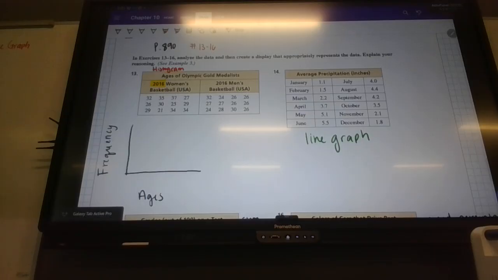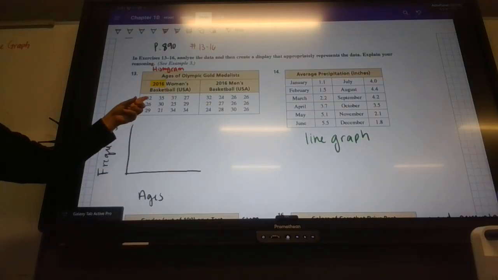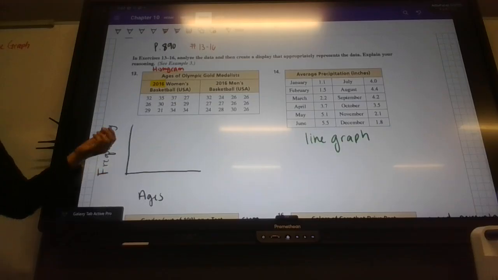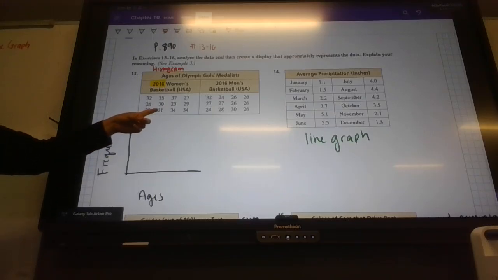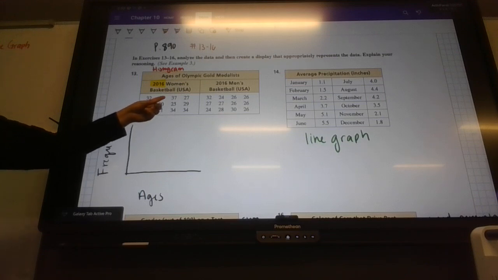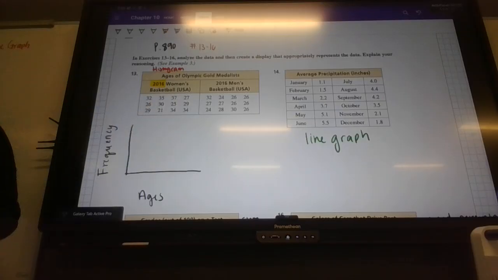We have to look at the spread of the data, the youngest to the oldest. This is women that won an Olympic gold medal in basketball in 2016. The youngest girl on the women's basketball team was 21. She's young. And the oldest lady was 37. So that's a pretty big spread.